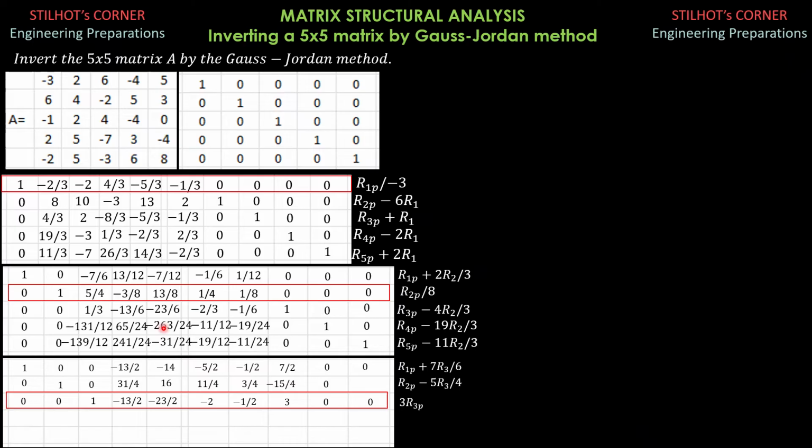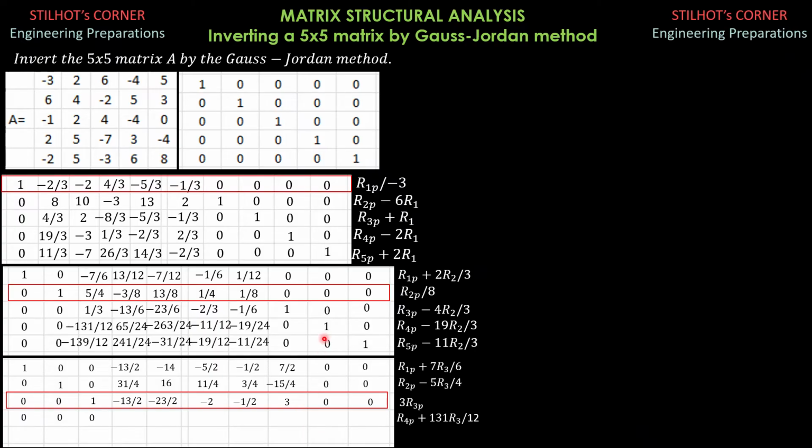Then negative 263 over 24 plus 131 over 12 times negative 23 over 2, that's negative 273 over 2. Negative 11 over 12 plus 131 over 12 of negative 2 is negative 91 over 4. Negative 19 over 24 plus 131 over 12 of negative 1/2 is negative 25 over 4. 0 plus 131 over 12 times 3, it's 131 over 4.